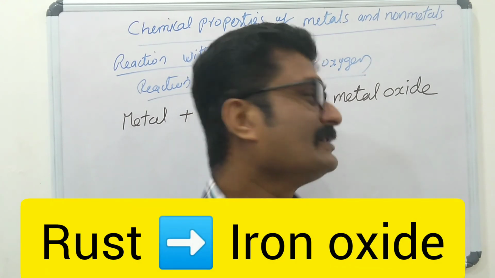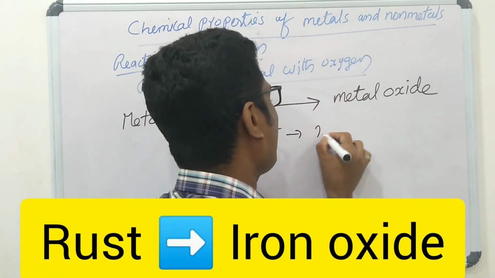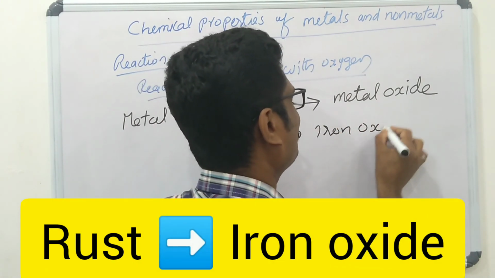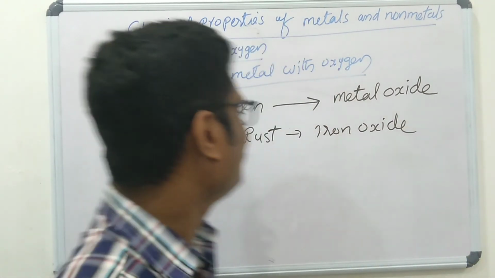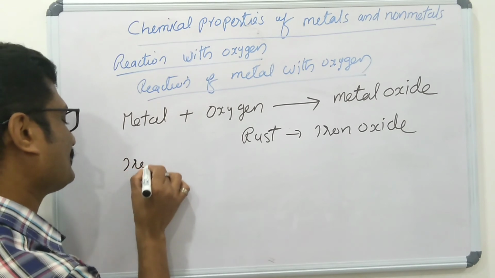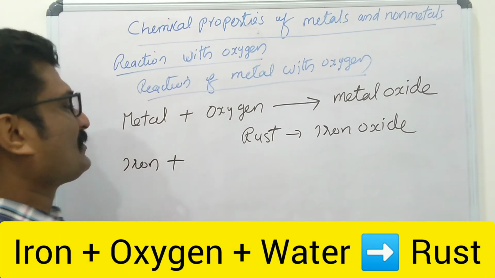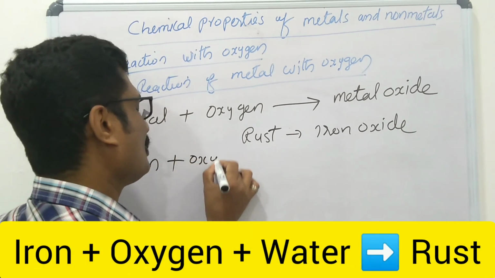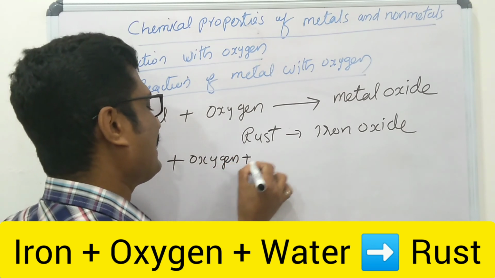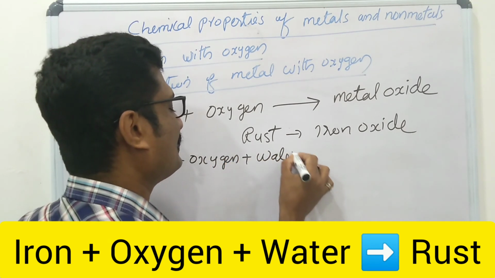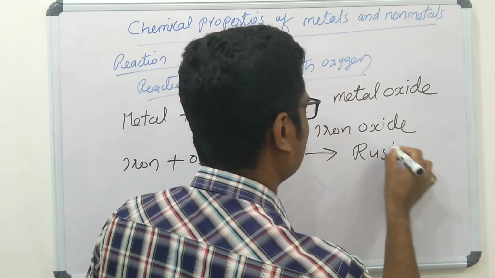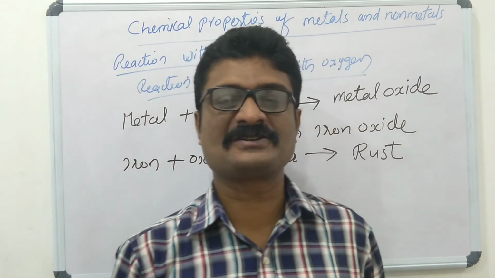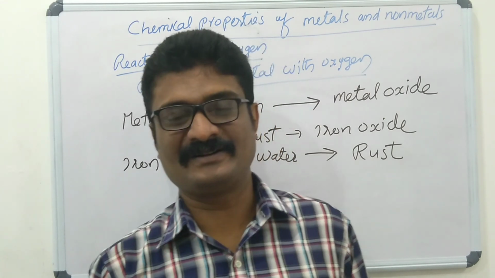Rust is nothing but iron oxide. Then we can write the equation: iron reacts with oxygen and water to form rust. Rust is nothing but iron oxide.